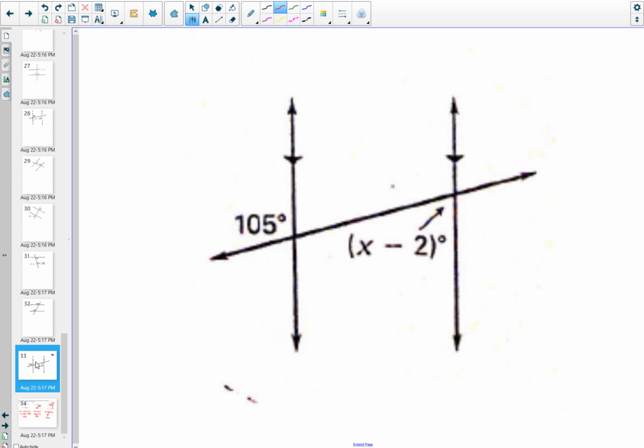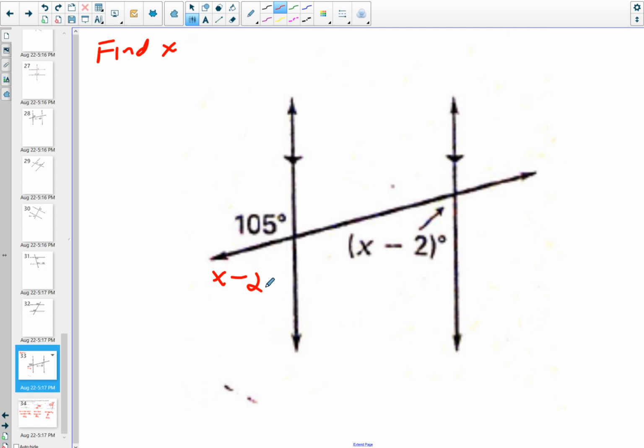Okay. What's the relationship here? Or better yet, do we have a relationship? Assume that the directions here just say to find x. Do those two angles have a relationship? No, actually the two angles that we're seeing don't have a direct relationship, but if I were to write this x minus 2 here, I could.